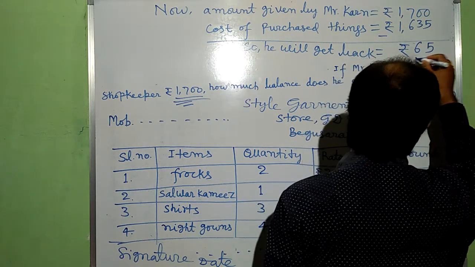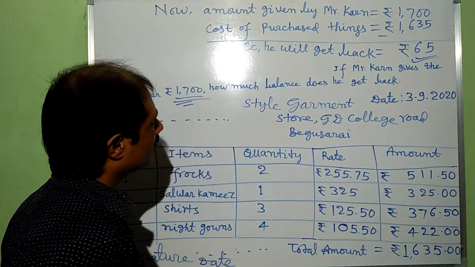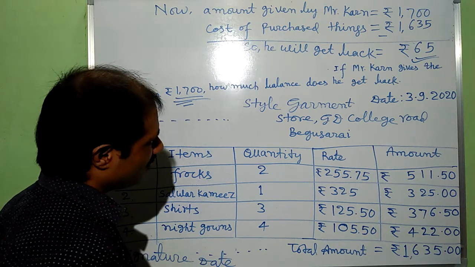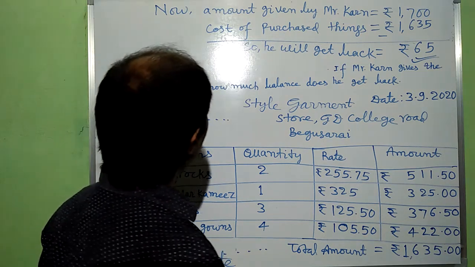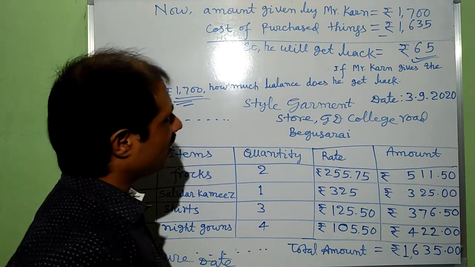This amount will be returned by the shopkeeper to Mr. Karn. This is the bill. In this way we can prepare a bill.